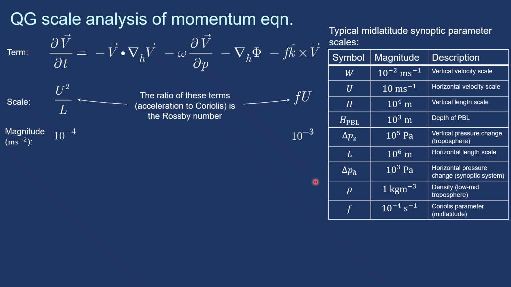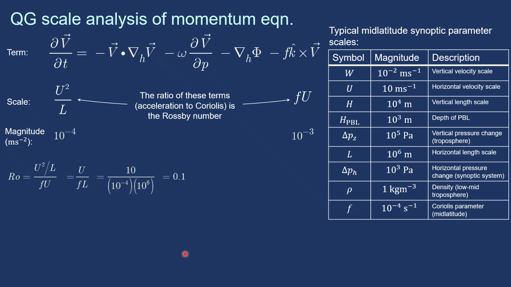Those two terms are significant because the ratio of the acceleration term to the Coriolis term is the Rossby number. So we take that ratio, U squared over L divided by f times U, and that simplifies to U divided by f times L. Putting in the values, our horizontal velocity scale is of order 10, f is 10 to the -4, and L is 10 to the 6th.